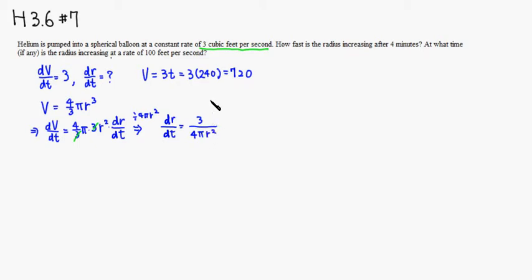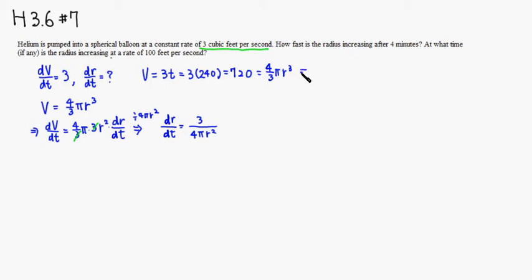Now we need to find r. How do we find r? After 4 minutes, the volume is 720, which means at this time this has to be the same as 4/3 pi r cubed. So we can solve for r from here.